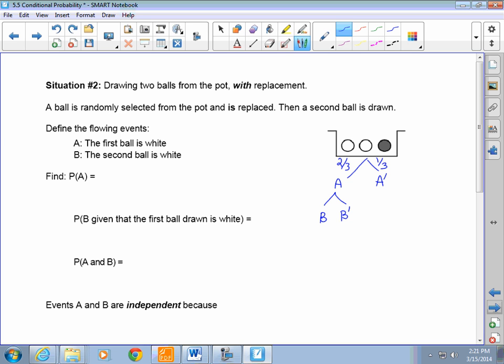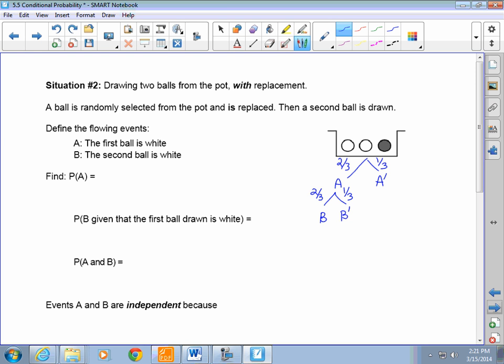There still is going to be a 2 out of 3 chance that I get a white ball on that second selection, and there still will be a 1 out of 3 chance that I get a not white ball, or in this case a gray ball, in that second event.